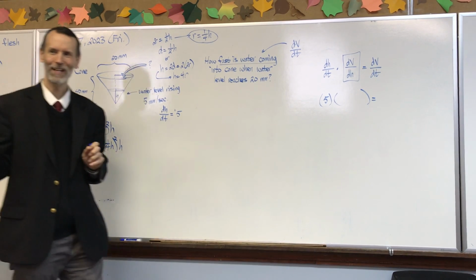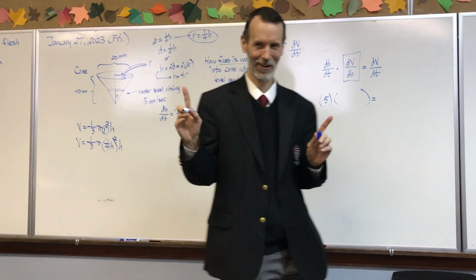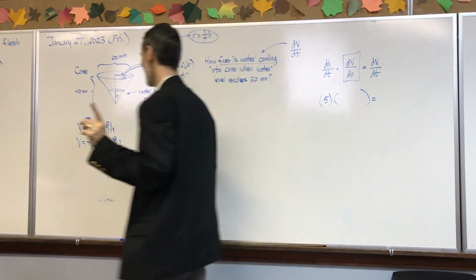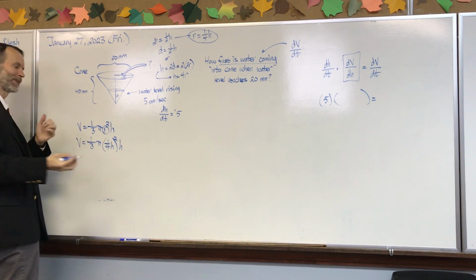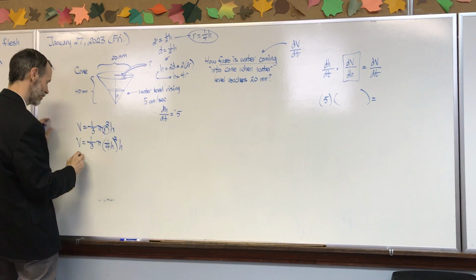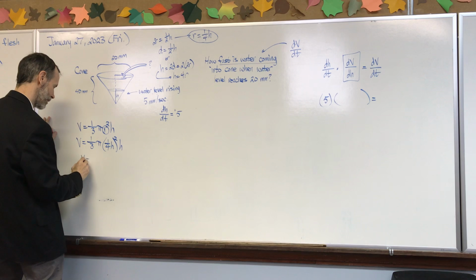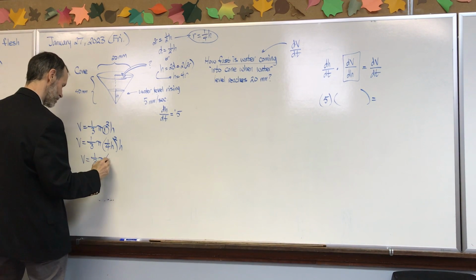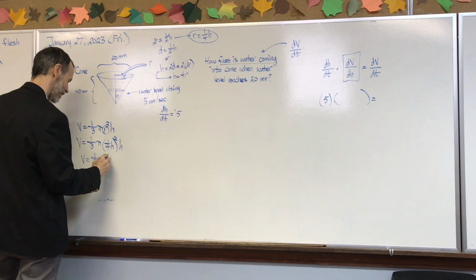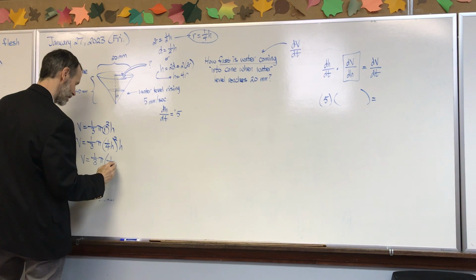Keep in mind, he's not going to be whispering hints into your ear on the test. So you've got to get this on your own. PEMDAS, please excuse my dear Aunt Sally. Do the exponents first. It's going to be 1/16, h squared.